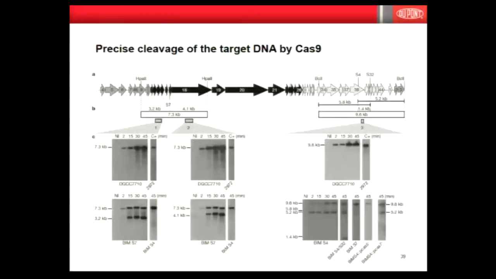At that time, the Cas9 gene was named Cas5, and by disrupting the Cas9 gene, we showed that the cleavage was not occurring anymore. So Cas9 was the only protein required to cleave the target DNA.